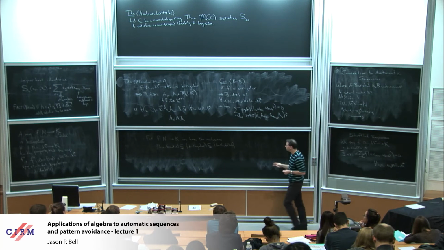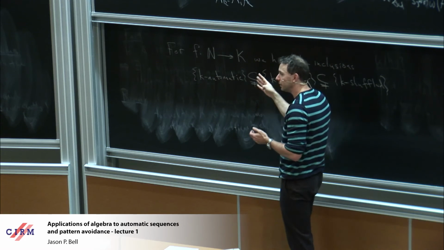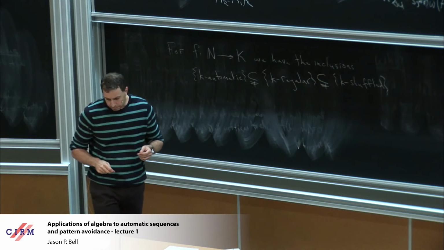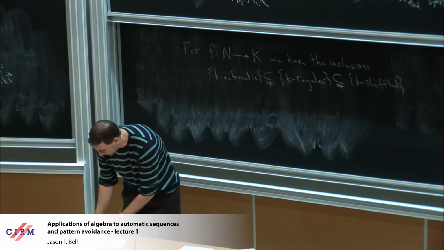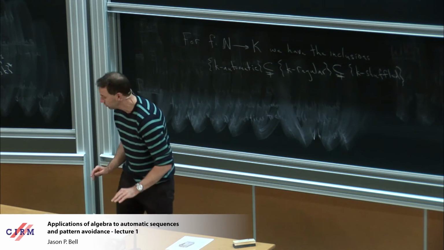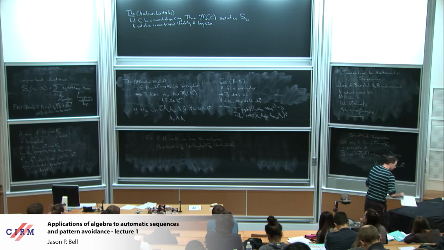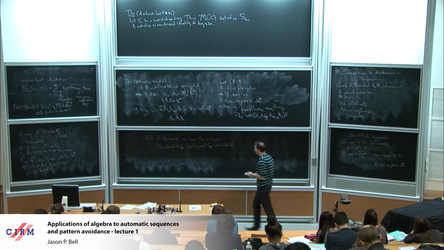So any of these questions where people ask, are these k-regular? And the answer is no, one can ask if they're k-shuffled. I want to say just that the inclusion is strict. In fact, you can show it's very strict.